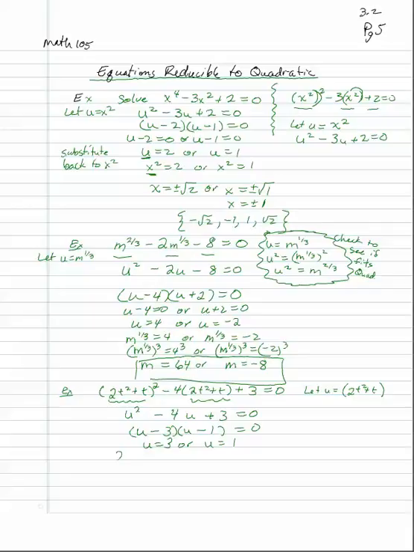U is 2t squared plus t equals 3. So 2t squared plus t equals 1. And now we got new quadratic equations, so we got to solve those. So 2t squared plus t minus 3 equals 0. That one factors. So we got 2t, t, factors of 3 and 1.